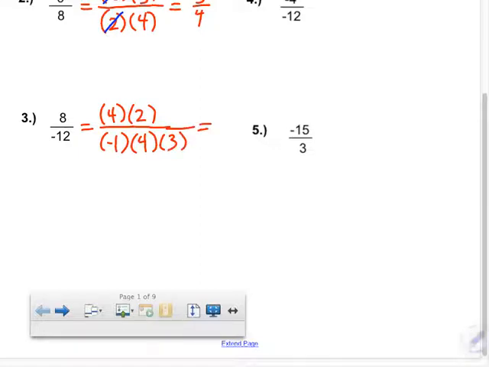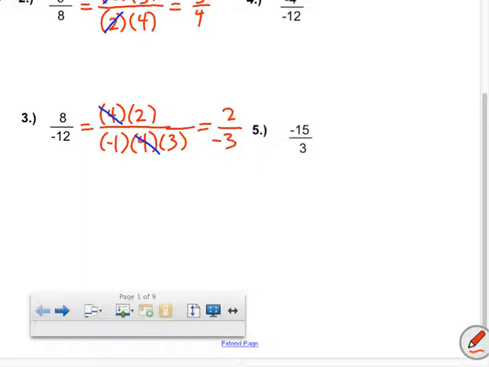Now we can cancel some things out, right? What do we have in common? You already told me it was the 4's, right? So in the numerator, I have what? 2 is left. And the denominator, I still have a negative 1 and a positive 3. What's negative 1 times 3? They're different signs. Remember what happens? It's going to be negative 3.